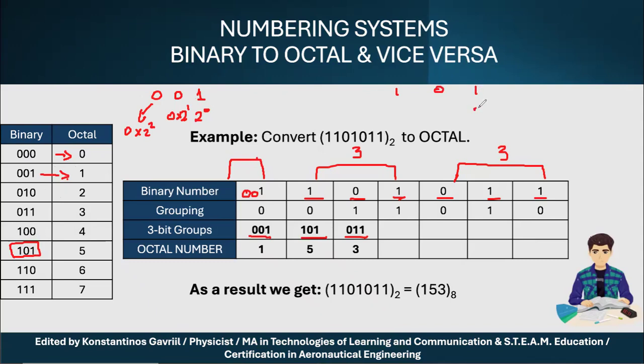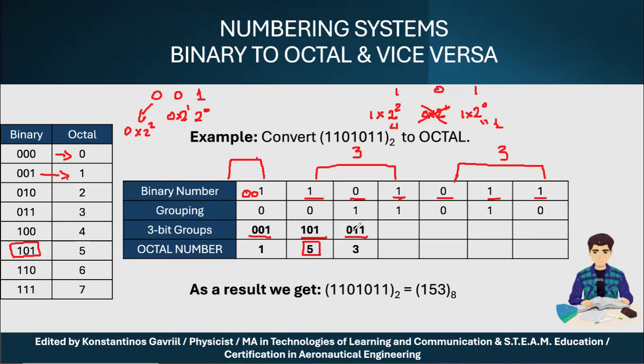We have 2 to the power of 0, 2 to the power of 1, 2 to the power of 2. I multiply by 1, 0 and 1. So what we get from here is 1. This is cancelled, and here we have 4. So 4 plus 1 makes me 5, and I get 101 to be 5.